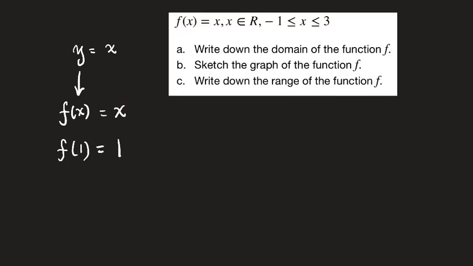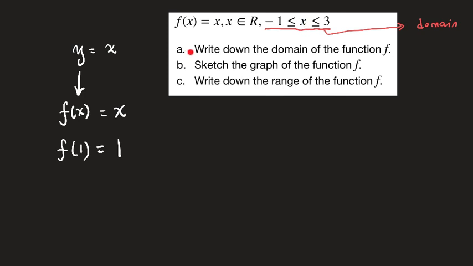Let's try to see this question. The f(x) equals x, and this x belongs to the real numbers, and x is between -1 and 3. When you see this kind of writing, this is referred to as the domain, and the domain means the range of your x.